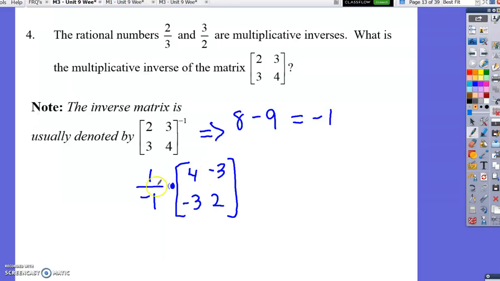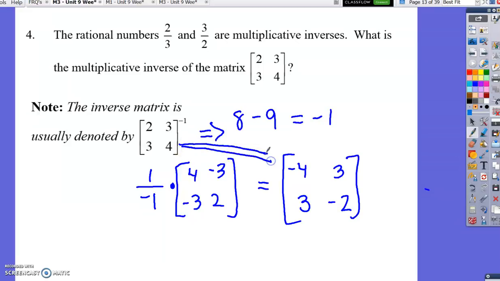So I'm going to do some scalar multiplication. I'm going to get -4, +3, 3, and -2. So everything has changed signs because of this number, and this is my inverse.